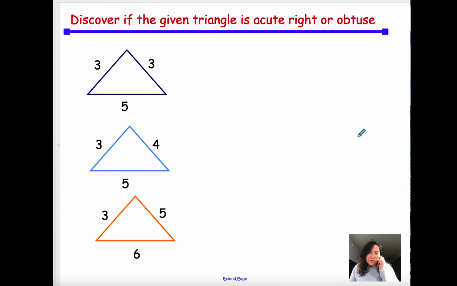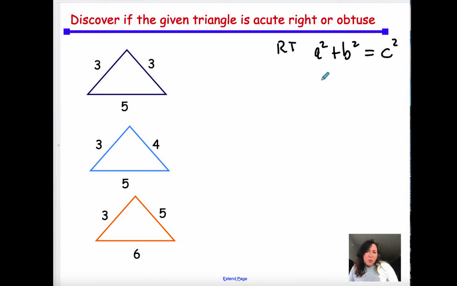For these types of problems here, your job is to discover whether these triangles could be acute triangles, right triangles, or obtuse triangles. And the rule is that if we already know a squared plus b squared, those are our 2 legs, if the sum of the squares of the 2 legs is equal to c squared, which is the largest side squared, then that becomes a right triangle, okay?